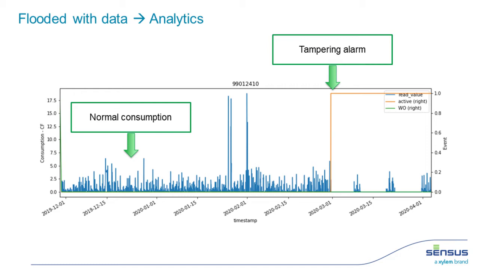They ended up pulling the consumption data and were able to see that after the tampering alarm was triggered, the customer was actually taking their meter out and replacing it every few days, so it looked like they had consumption. But by really diving into the data, they were able to prioritize which customers to go out and talk with.